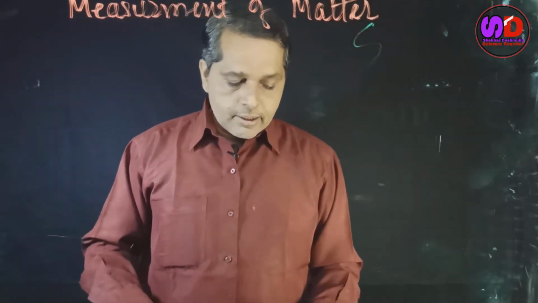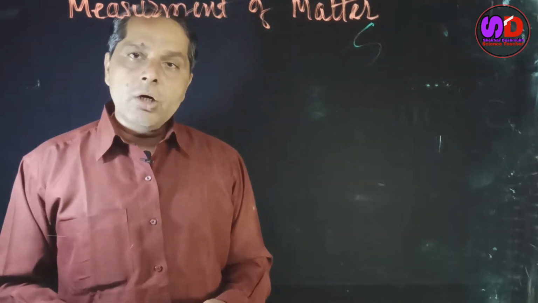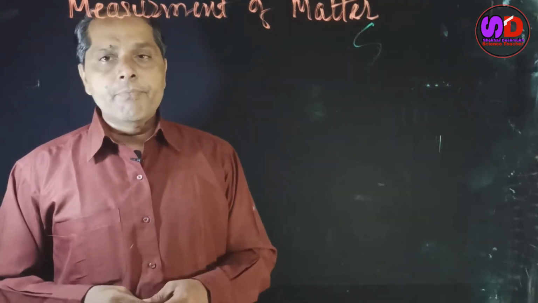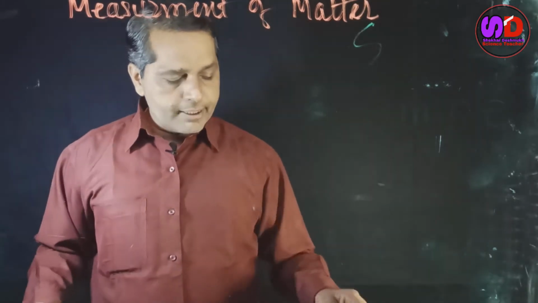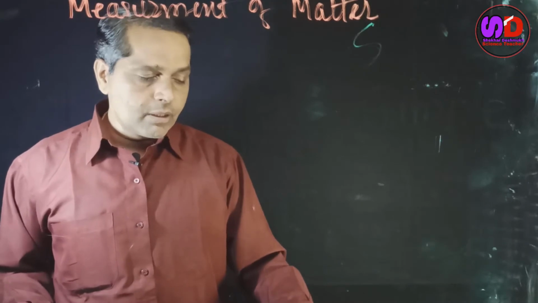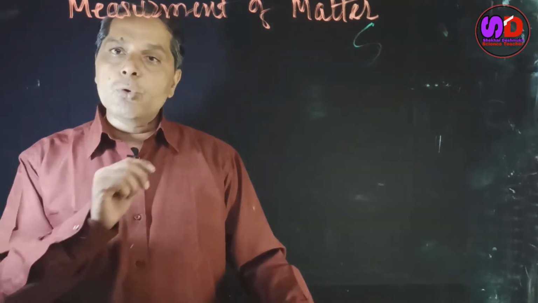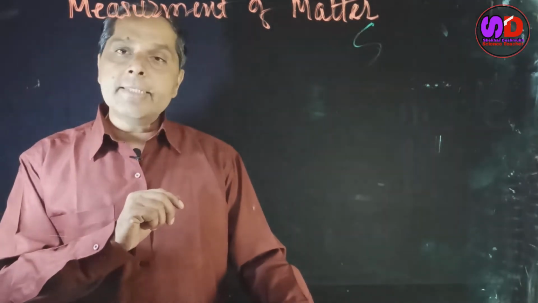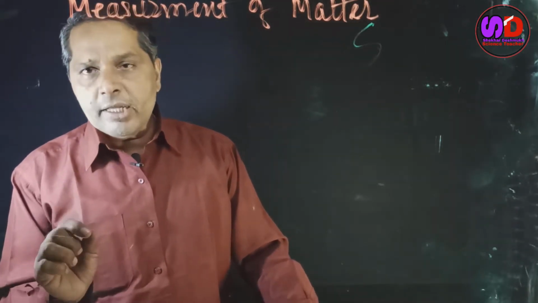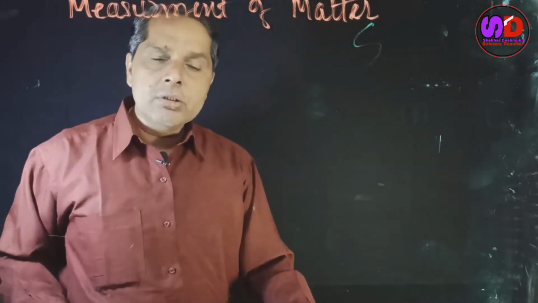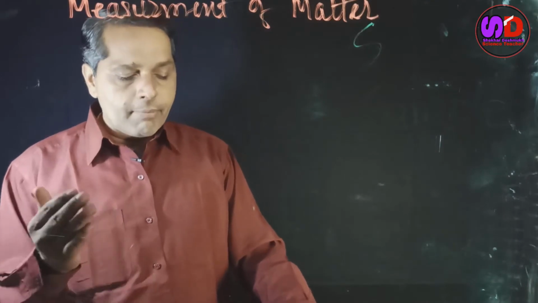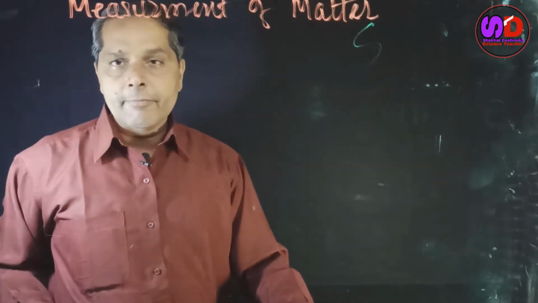And they verified the law of chemical combinations. So actually, the law of chemical combinations is based on Dalton's atomic theory. Various scientists found out the molecular formulae of various unknown compounds by using Dalton's atomic theory or the law of chemical combination.